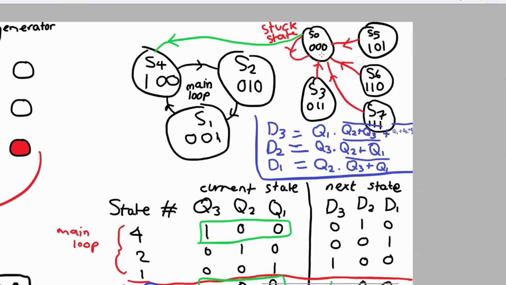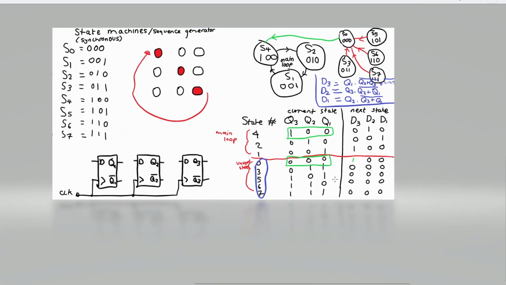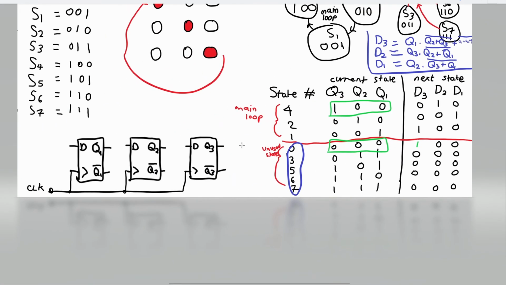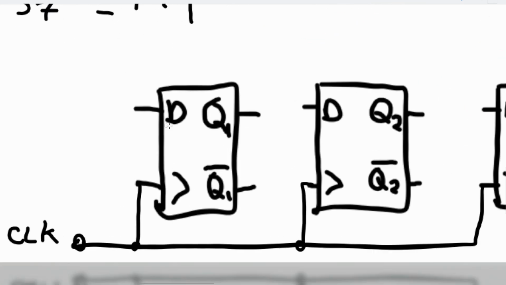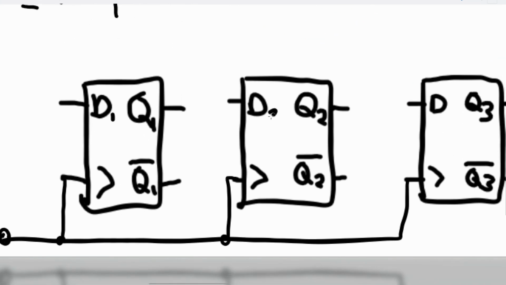So actually this is no longer a stuck state, because it will feed back into the main sequence, which is what we want. So now we can draw the circuit. I think it's going to be a bit difficult to draw because I've made it too small, but I will do my best.